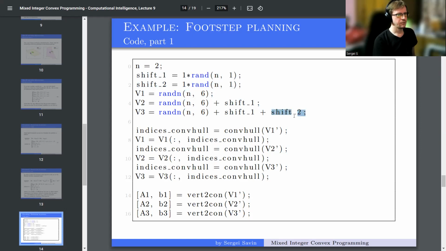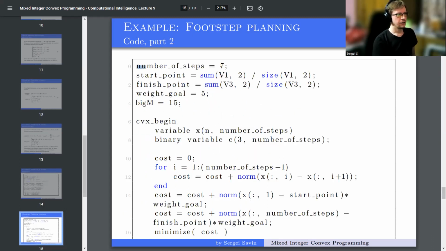I shift them, find the convex hull, turn it into H representation, all this in MATLAB. Then the number of steps that we want to plan, starting point, finishing point. Here it is at the center of the first polytope, finishing at the center of the last polytope.